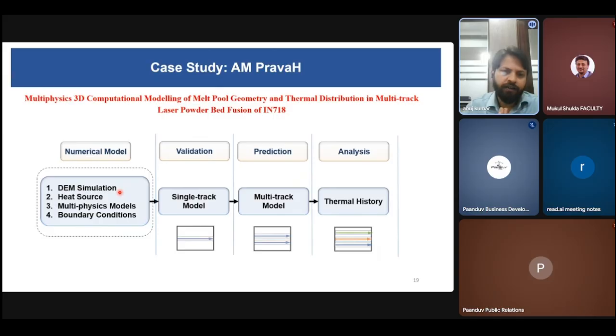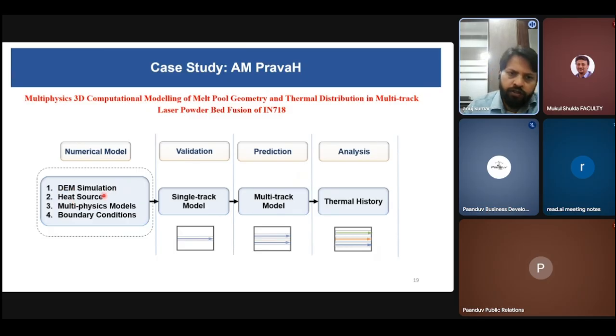It is obvious that if we start on a solid plate, the results would not be the same as when we start on a powder bed. So this DEM simulation is really important for LPBF, and AM PravaH has a dedicated module, or tab, to simulate the powder particles along with their diameters, densities, and material properties.